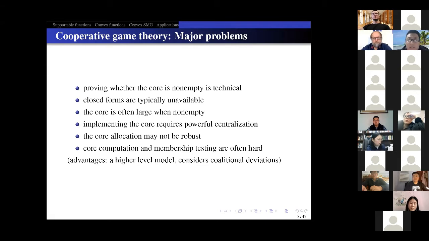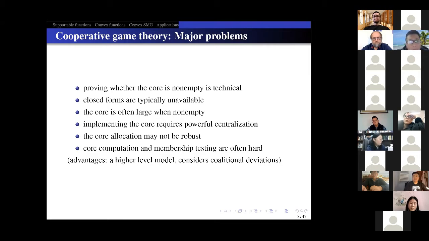And here I list some technical ones. The first problem about cooperative game theory is that its basic setting is a set function. At first sight, we may think that a set function is very simple, but actually it's highly combinatorial, highly discrete, and so it's not so easy to study a set function.